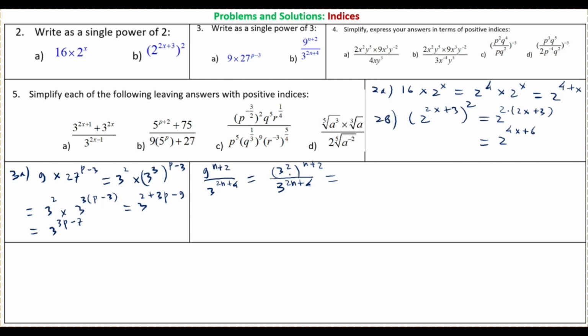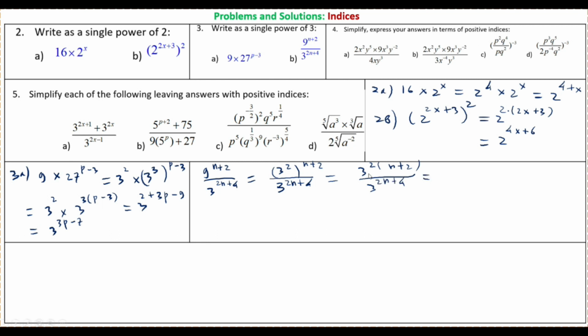And then we use the third index law. When we have a number to the power of something and then to the power of something else, we multiply the two indices. 3 to the power of 2 times n plus 2 divided by 3 to the power of 2n plus 4.